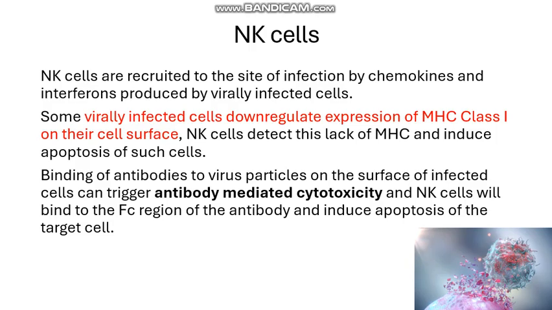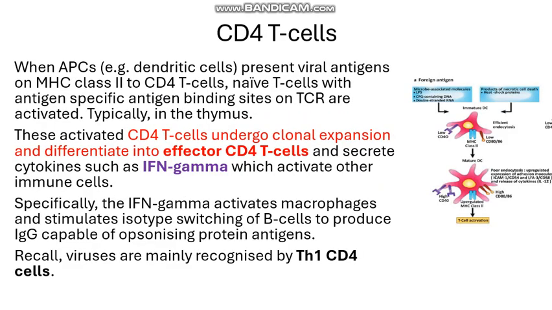And this is just where natural killer cells will bind to the Fc region of the antibody, so the kind of bottom part of the Y shape. They'll bind to it and then they'll release signals or chemokines or granular contents. They're going to trigger apoptosis in the target cell.